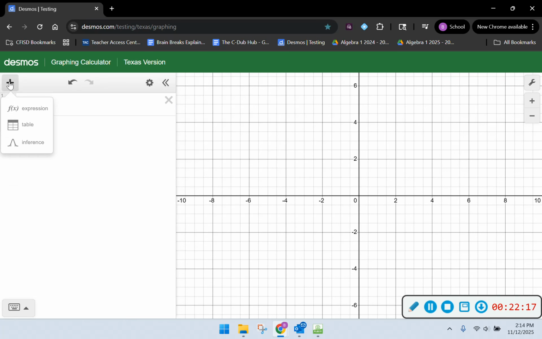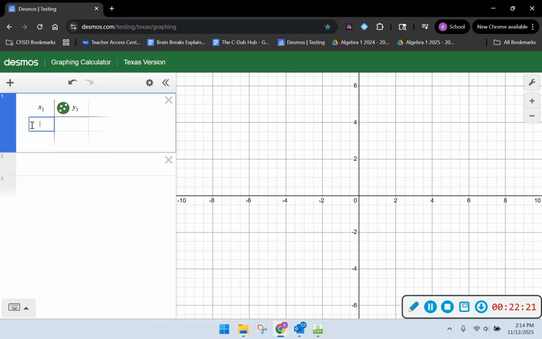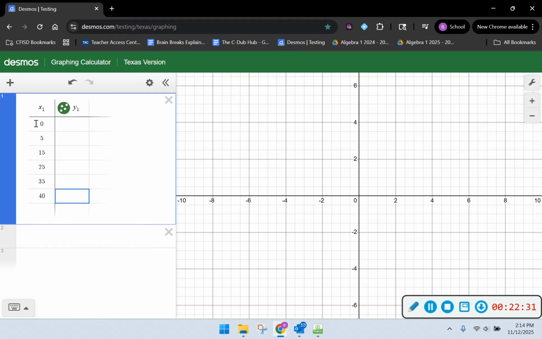do plus sign table, and type in 0, well, we have a set table, 0, 5, 15, 25, 35, 40. So do not type in the money sign. It is not going to work if you type in the money sign. Do not type it in. Only type in the numbers.